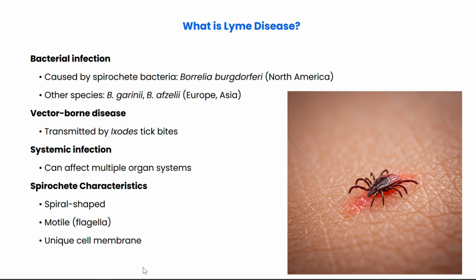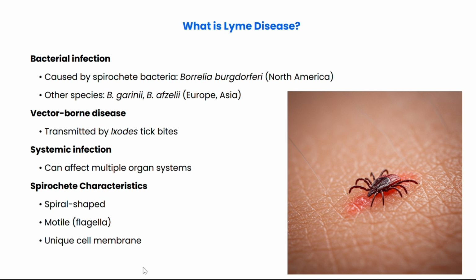So, what exactly is Lyme disease? At its core, it's a bacterial infection caused by a type of bacteria called spirochete. The primary culprit in North America is Borrelia burgdorferi. These bacteria have a distinctive spiral shape which you can visualize as teeny corkscrews, and they are highly motile, meaning they can move around using structures called flagella.